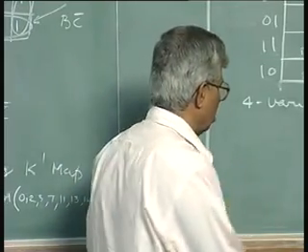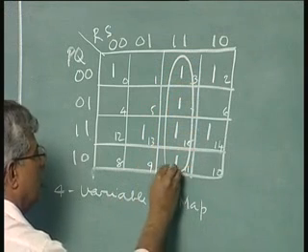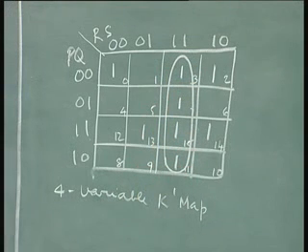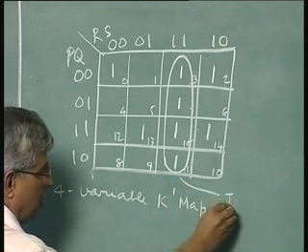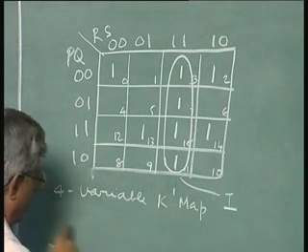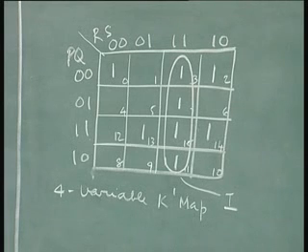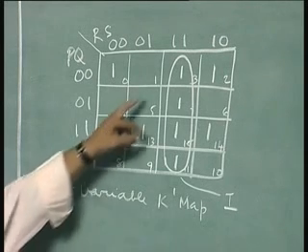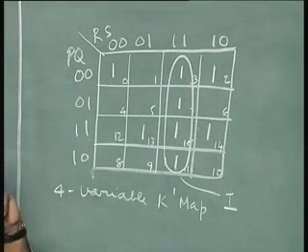So the first group of ones is this. I will call this 1, because there is no space here. I will write later on what 1 is. Then we have these two ones, there are 4 ones available here.